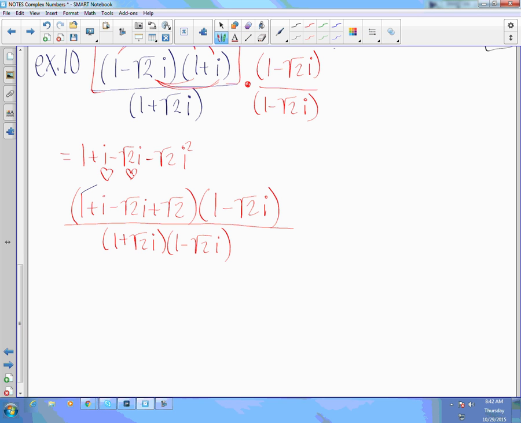What is 1 times 1? And 1 times negative root 2I. Negative root 2I. Just do a piece at a time. Okay, Toby, what about this I? When you type in the I, what do we get?